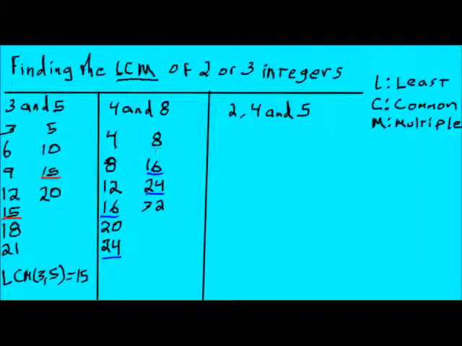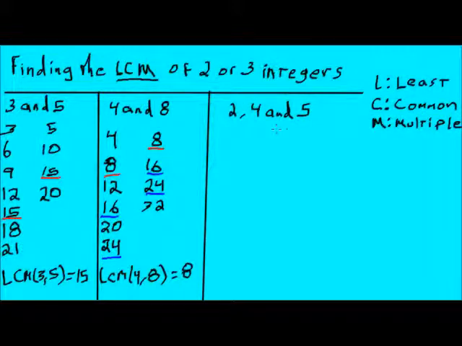So the very first multiple in common is 8. Okay? So the least common multiple, or the LCM, of 4 and 8 is 8. Once again, I know my penmanship is terrible. Okay, so just to reiterate, 16 and 24 are common multiples, but they're not the least common multiple. So you want the smallest one.